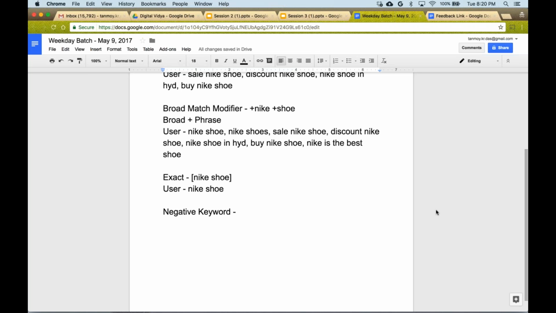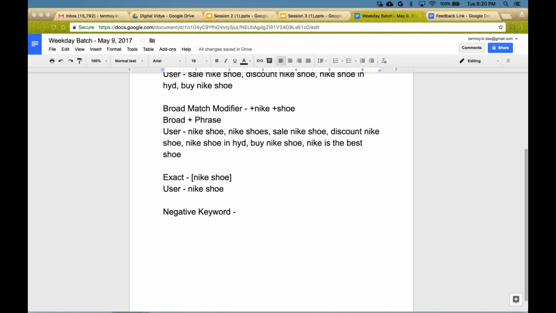Yes, it has to be a case wherein there is no space between the plus sign and the word. Adding more space does not work. The syntax is such that you have to add the sign and the word together, no space in between.